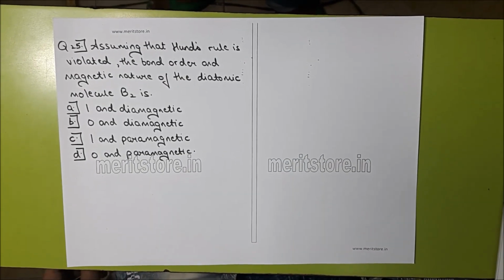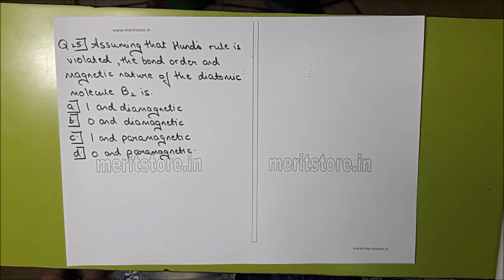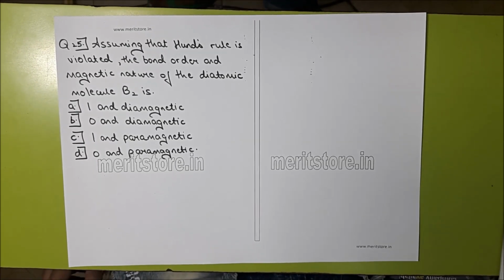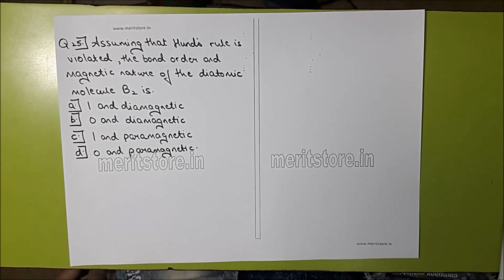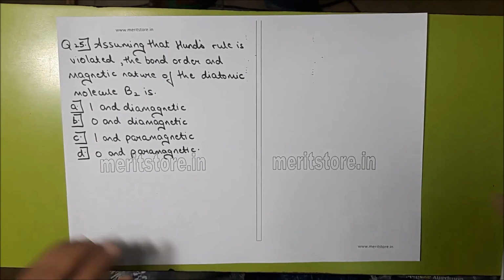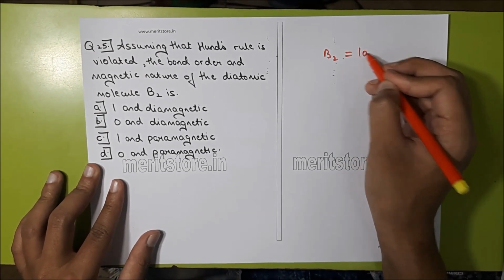Question number 25. Assuming Hund's rule is violated, the bond order and the magnetic nature of diatomic molecule B2 is A 1 and diamagnetic, B 0 and diamagnetic, C 1 and paramagnetic, D 0 and paramagnetic. Okay, B2 has total number of electrons 10.